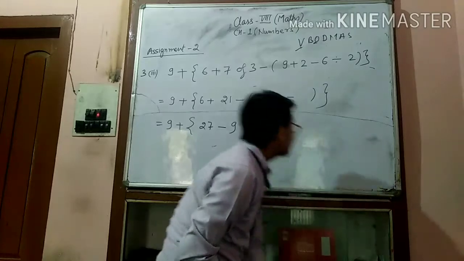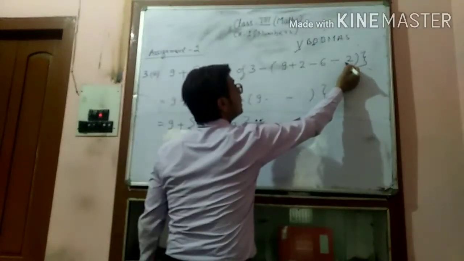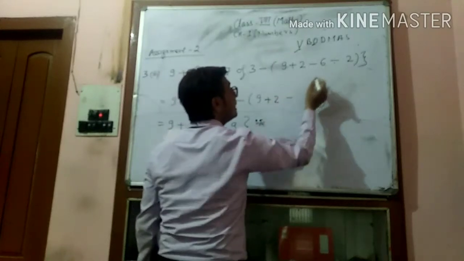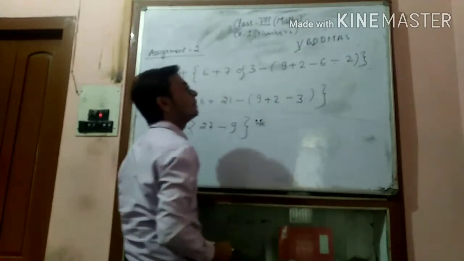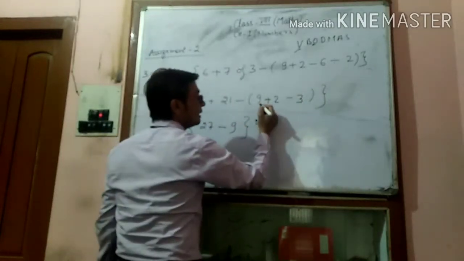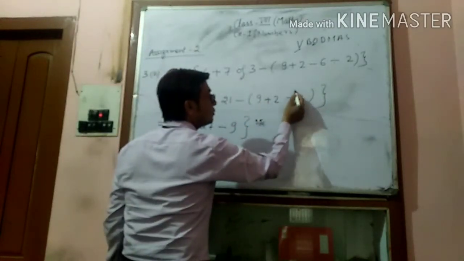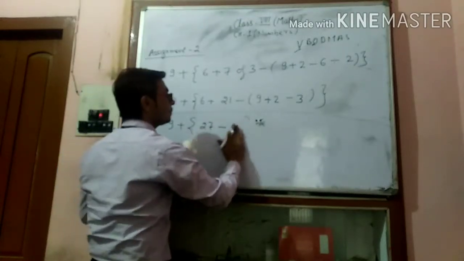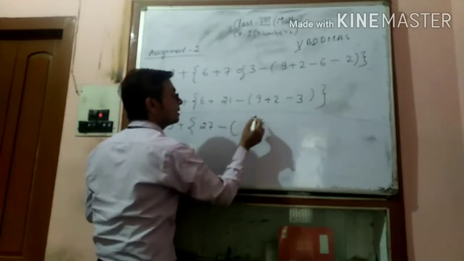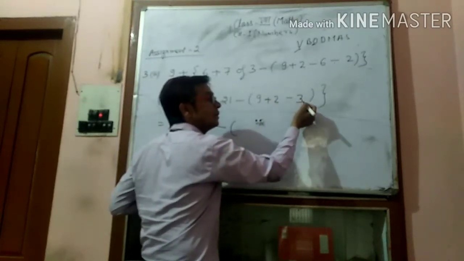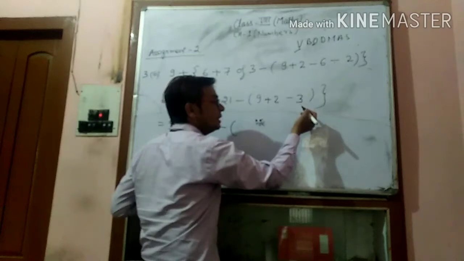So 2 divided by 6, 9 plus 2, it becomes minus 3. 2 3s are 6. Now 9 here becomes minus 1. So 27, after 27, bracket, see, 9 to 11, 11 minus 3, 8.